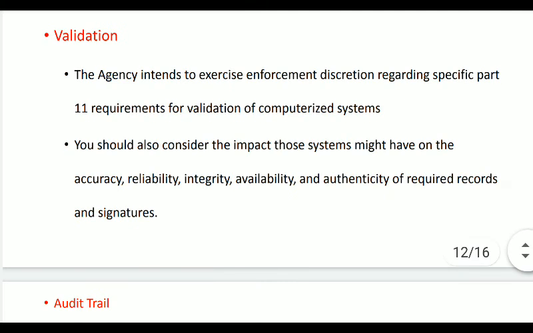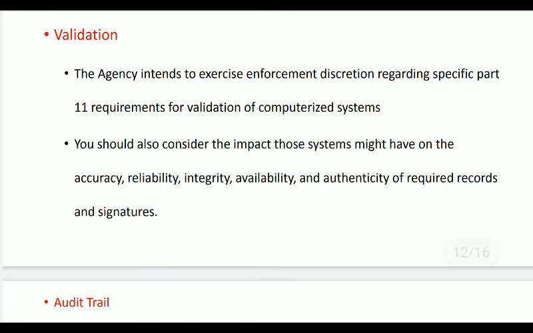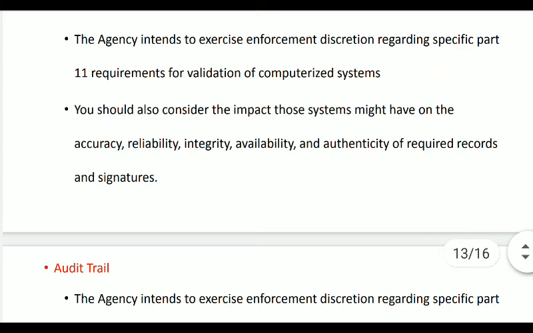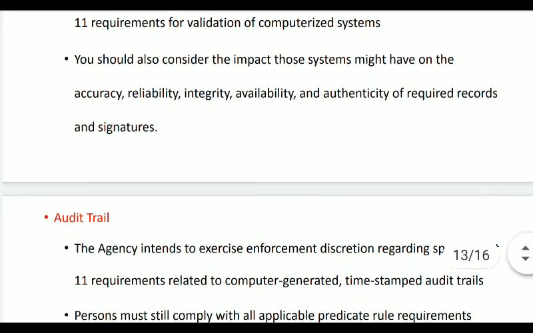So the agency intends to exercise enforcement discretion regarding specific parts of Part 11 requirements for validation of computerized systems. So here the agency can use their authority and they can ask you to carry out validation of your computer system. You should also consider the impact those systems might have on the accuracy, reliability, integrity, availability and authenticity of required records and signatures.